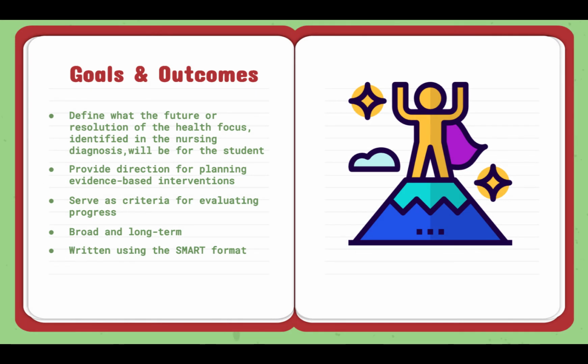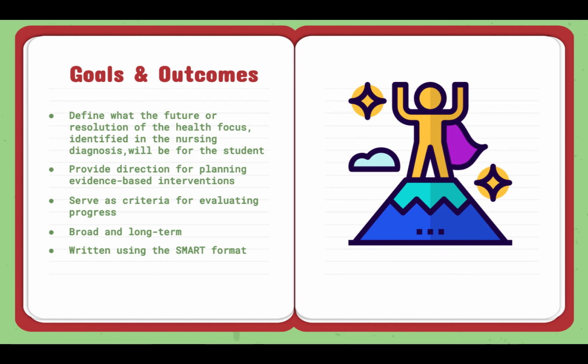So next we have creation of goals and outcomes, right? The next step is the development of the student-centered plan of care, developing goals, and again in collaboration with the family and the student as developmentally appropriate, and with any other interdisciplinary providers, including educational specialists or any other providers of care in the school setting.